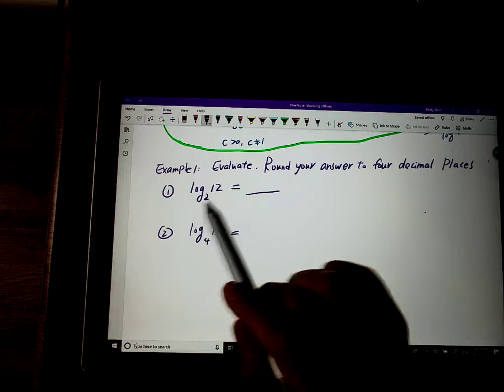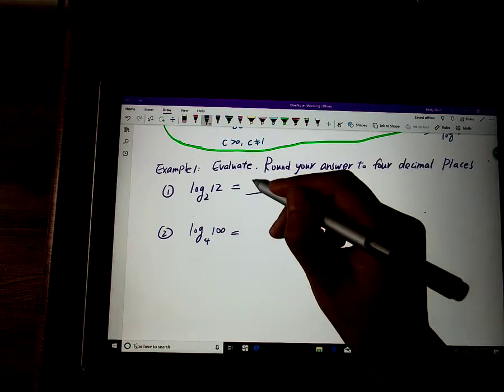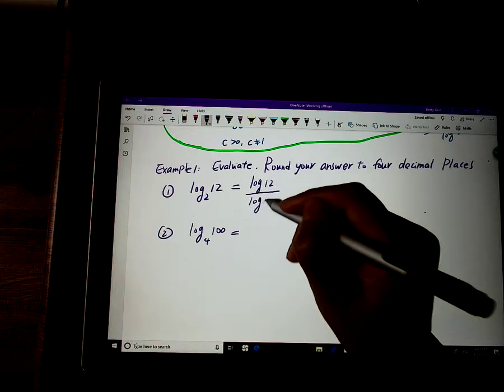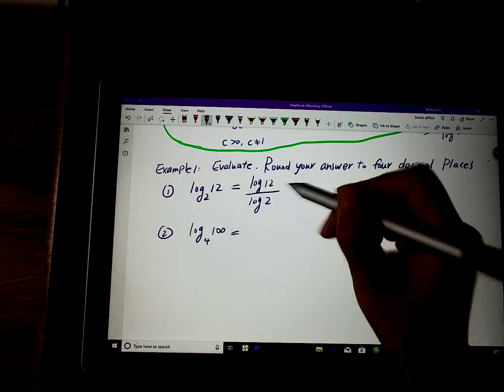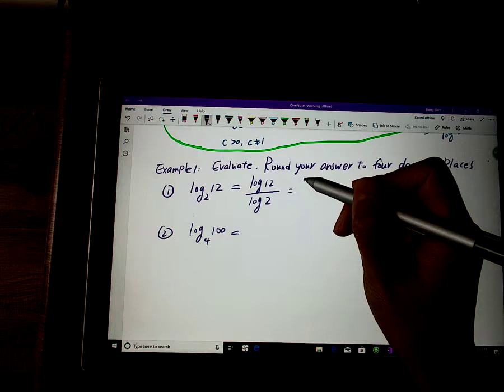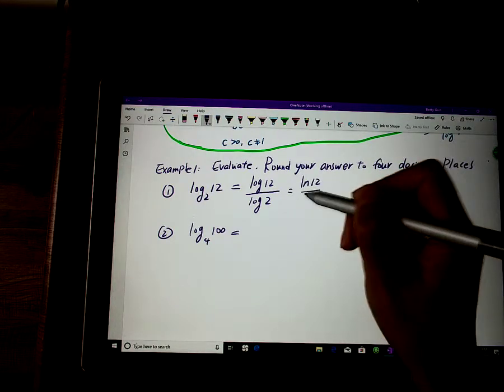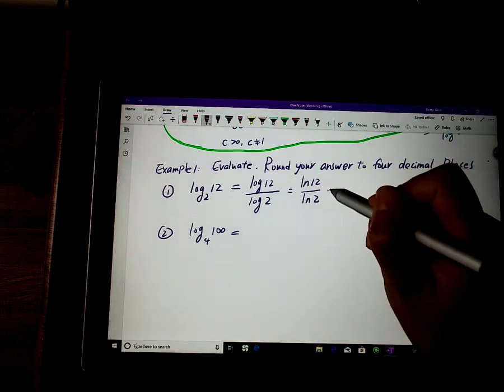You have to apply the change of base formula. Either common logarithm 12 over common logarithm 2. You see that 12 goes on the top, 2 goes on the bottom. Or you use the natural logarithm ln 12 over ln 2. Either way, you would have the same result. Let me show you.